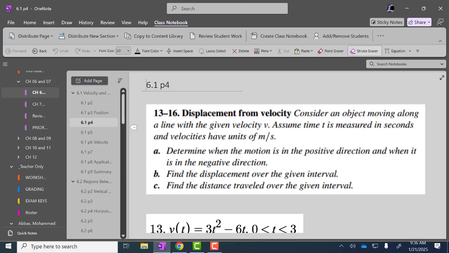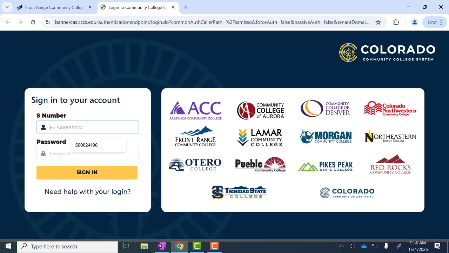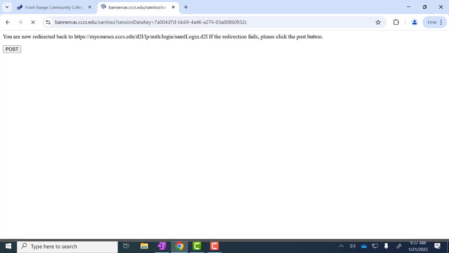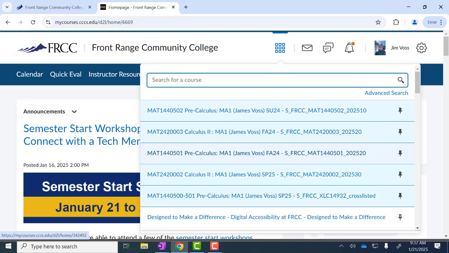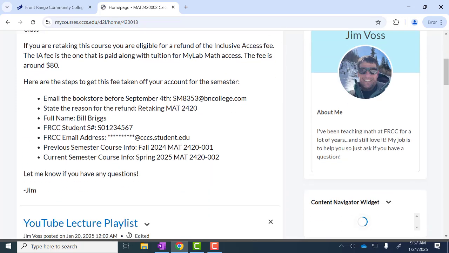And so if we go to D2L, you will see an announcement that tells you what to do if you want to get a refund on that. If you come to our course, you will see announcements, and one of them tells you how to get that.